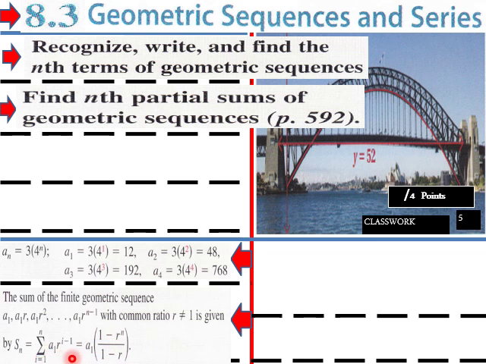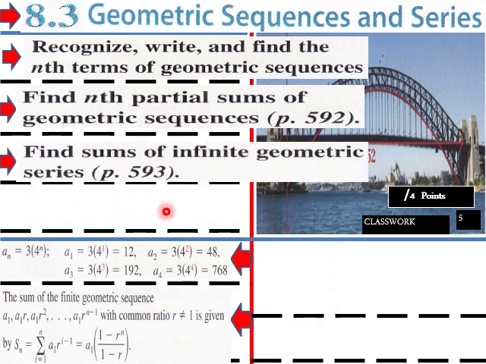And then this would be your formula finally for finding the nth partial sum: a1 times the quantity 1 minus r to the n, over 1 minus r. That'd be how you would find your nth partial sum of a geometric sequence.